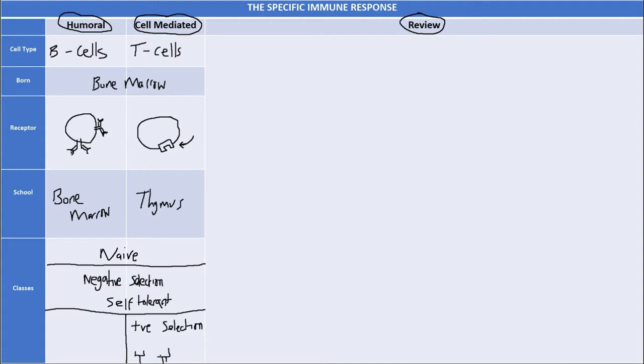But if these T cells are going to be any good, they have to be able to bind to MHC. If they don't bind to MHC, then they are useless and they get destroyed. Okay, so that's positive selection. So not only do T cells have to be able to not bind with themselves, they do have to bind with MHC. Otherwise, they're completely useless.